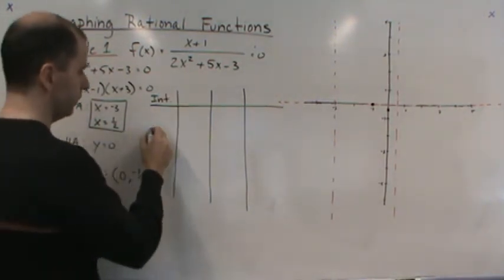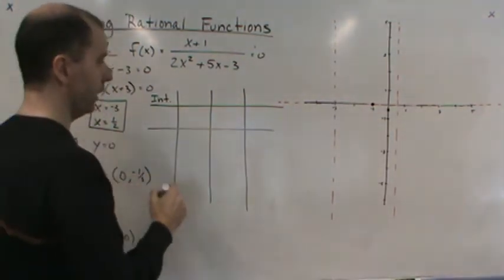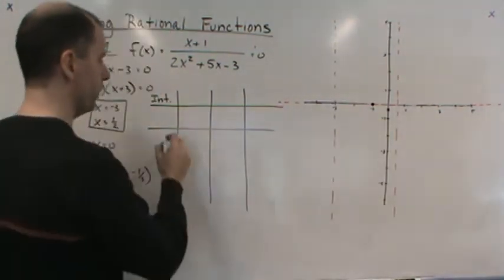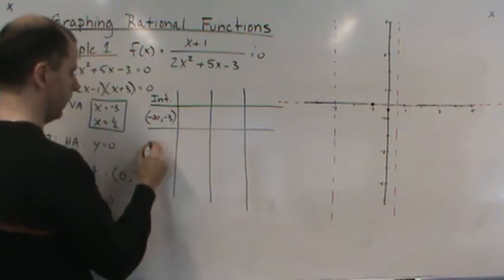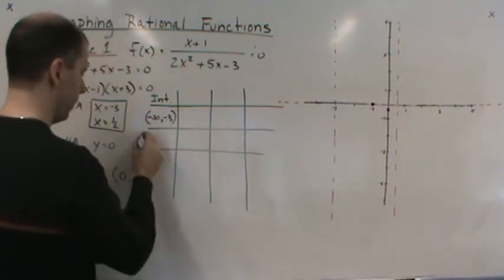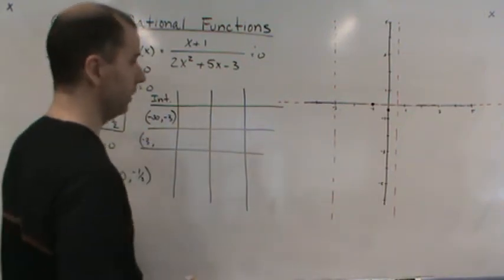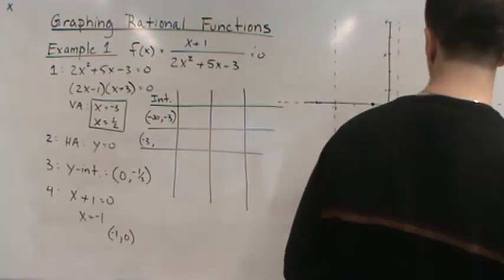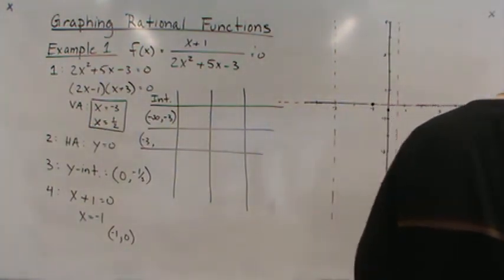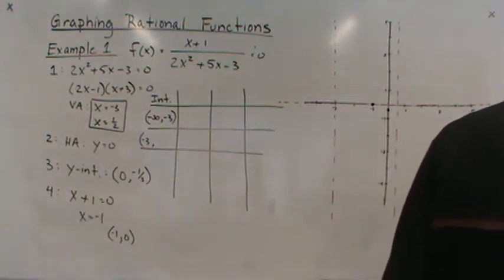So our intervals, we've got one interval from negative infinity to negative 3. Okay? We've got another interval from negative 3 to, how do I want to do this? To 1/3, or hold on a second.